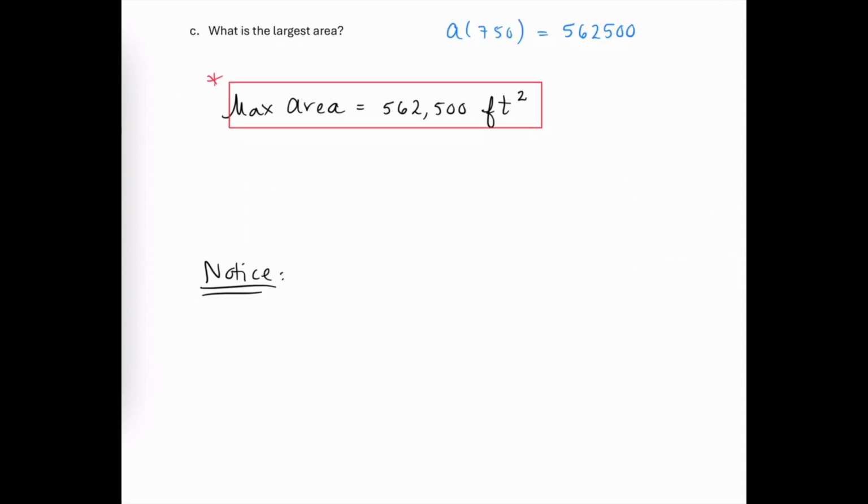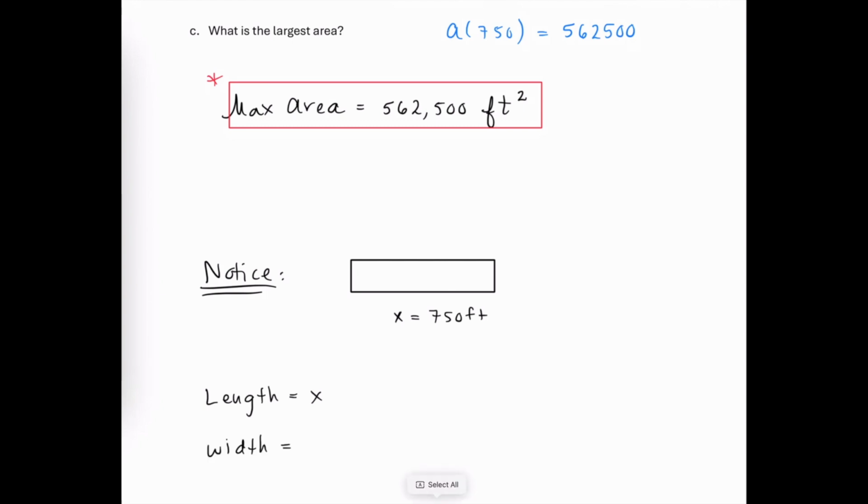And finally, let's notice that our rectangular field had a length of 750 feet. We were told that x represented the length of our rectangle, and we found that the width of our rectangle was represented by 1,500 minus x. 750 is the value that maximizes the area.